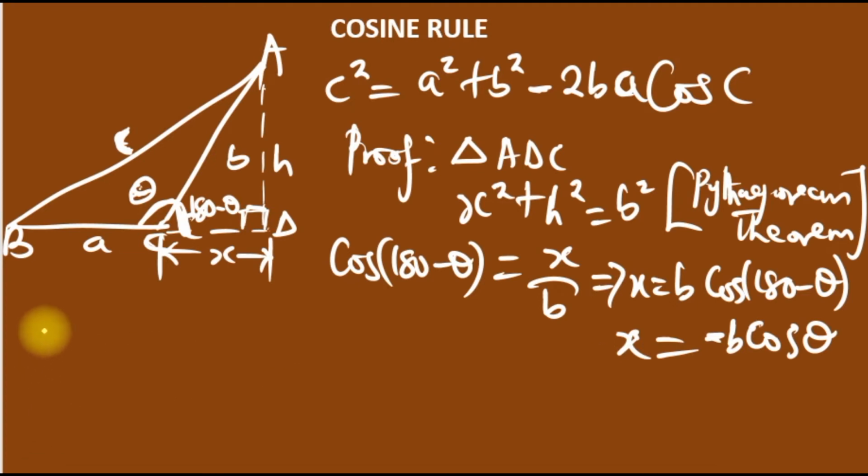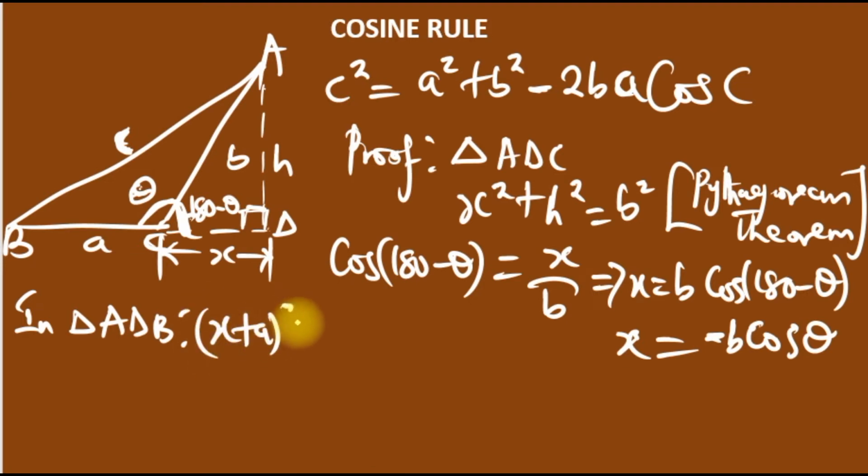So again, in triangle ADB, that's the bigger triangle, right triangle ADB, you see that we apply Pythagorean theorem again. You see that x plus a, all squared, plus h squared will give us c squared.